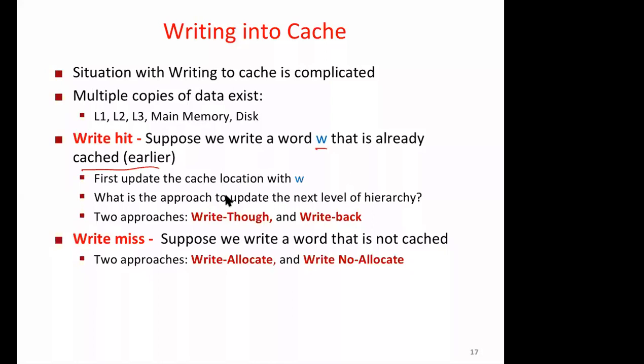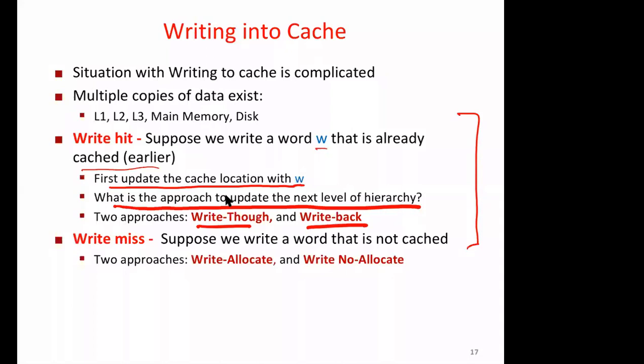First update the cache location with W. The data path or CPU will write into that cache location, and then the same thing is written into lower levels of caches. There are two approaches, write through and write back. We'll look at them in the next slide. This is about the case where what we want to write is already there in cache.